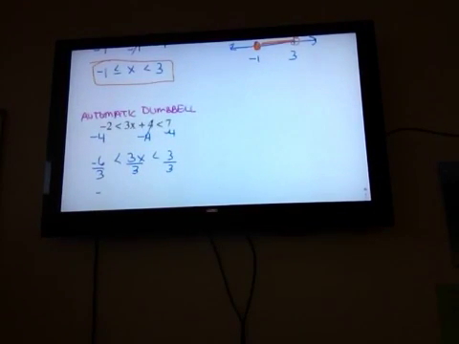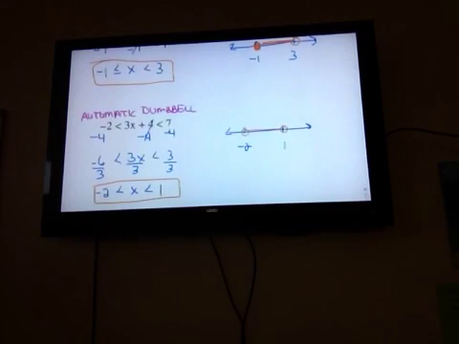So negative 2 is less than x is less than 1. It is an automatic dumbbell. I need no helper graphs. I know what it's going to look like: a dumbbell between negative 2 and 1, and then the algebra answer is done for us.